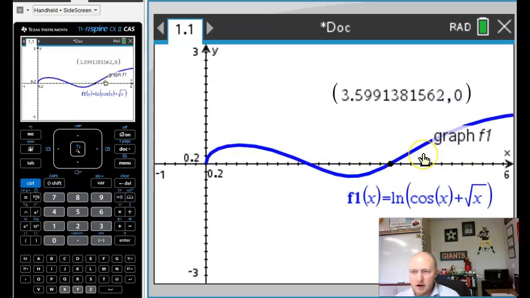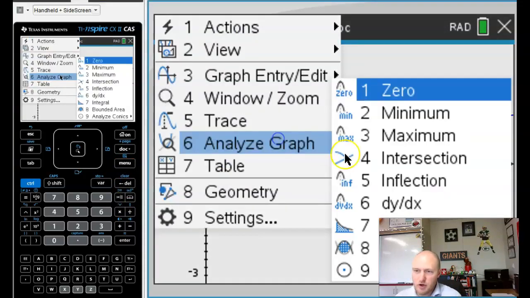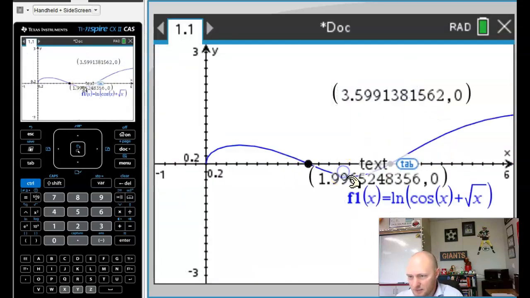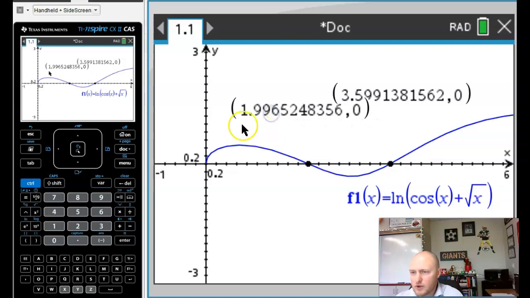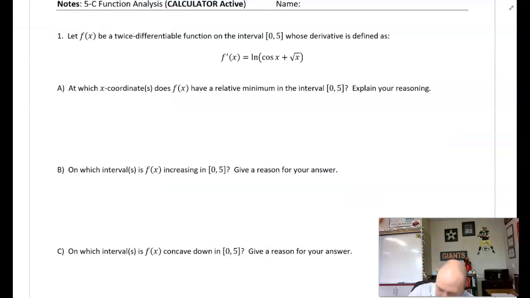Now, if you wanted to make a sign chart about this, you could do this. You would also want to find this zero here, which is 1.996 or 997. So I'll go to my graph and make an f prime chart.